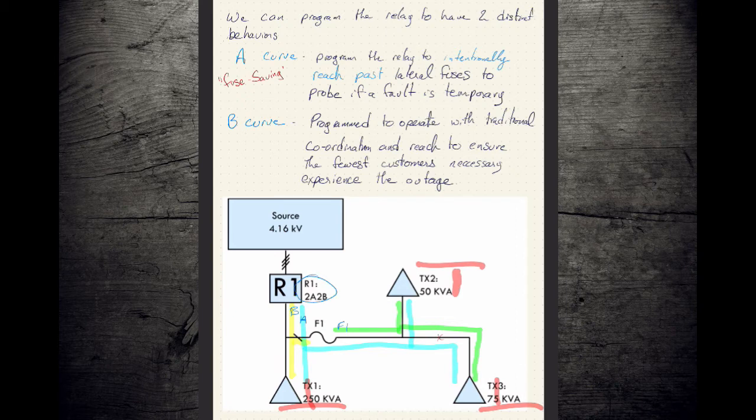In this case, we're going to probe twice using A, and then we're going to try two times using the B curve, and we're going to lock out on our second B trip.